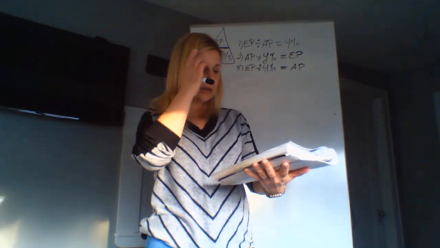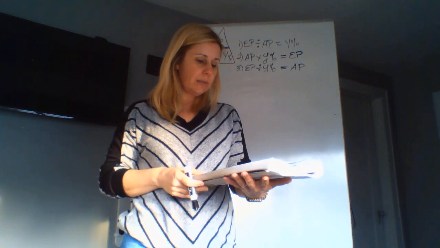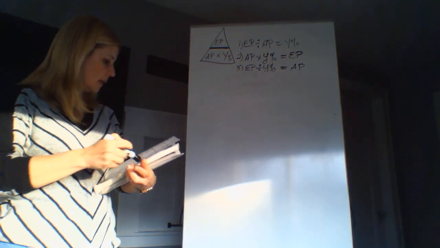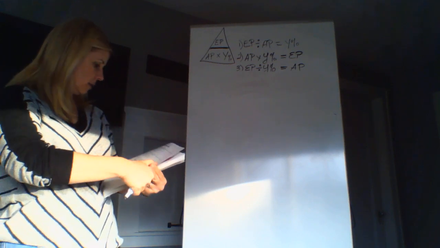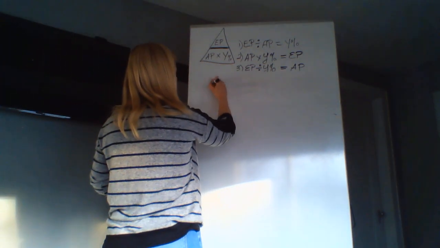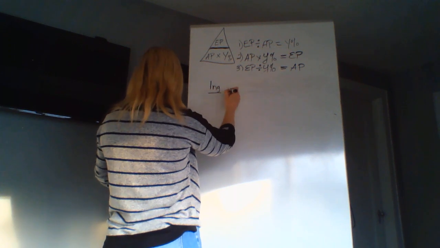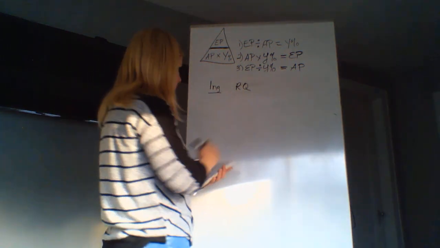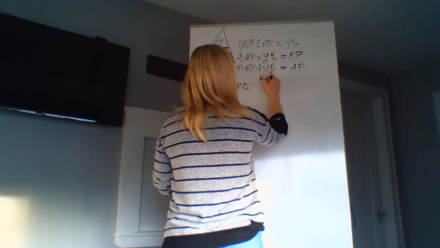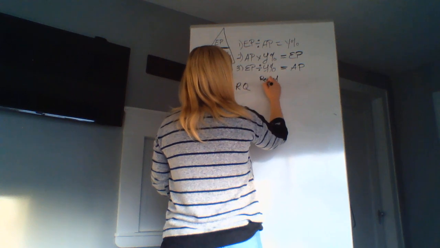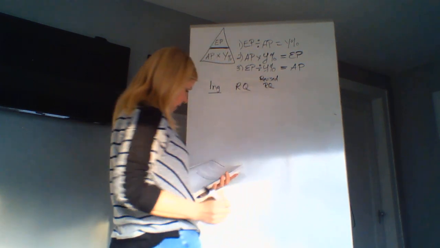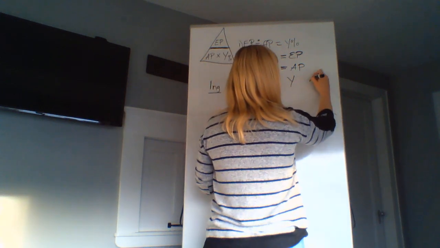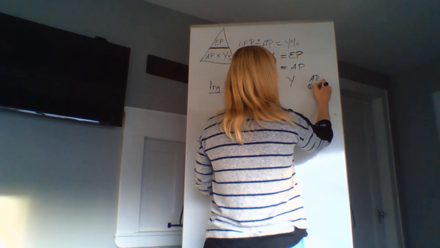Okay, so bananas sliced, the recipe quantity says 4 eaches. Let me write this out here. It says ingredients, and then it says recipe quantity, then it says revised recipe quantity, then it says yield, and then it says AP quantity.